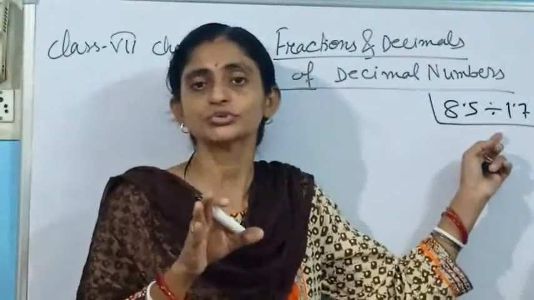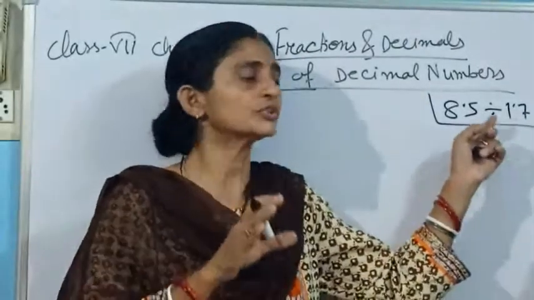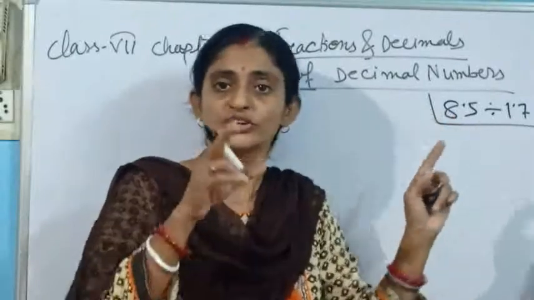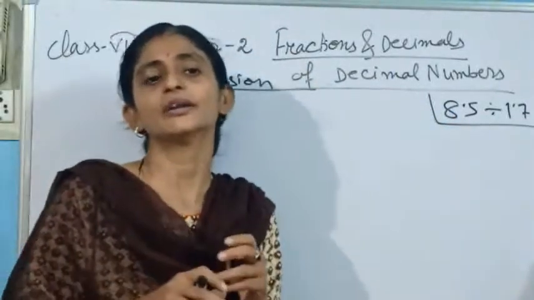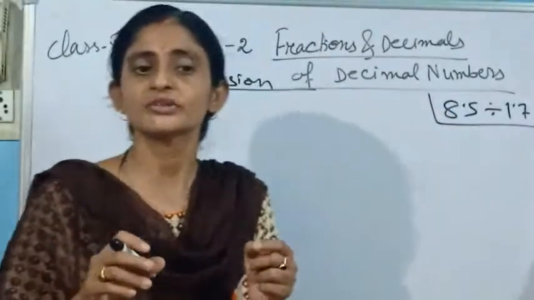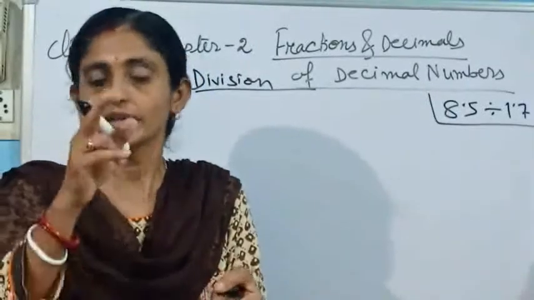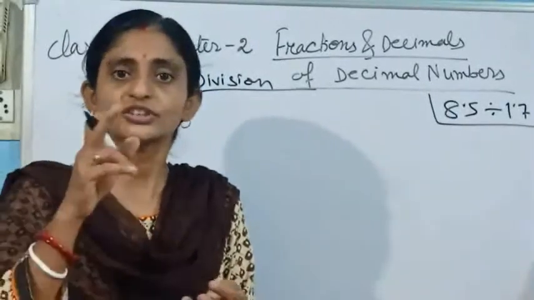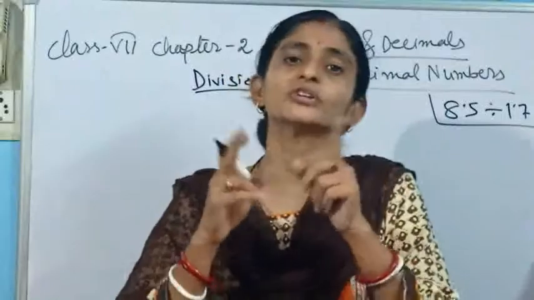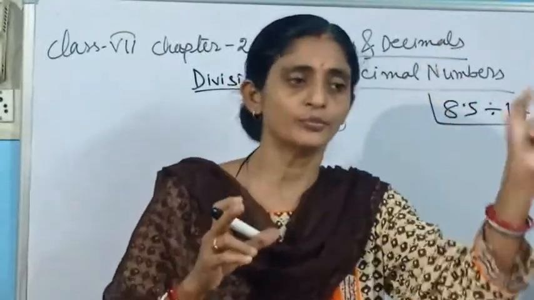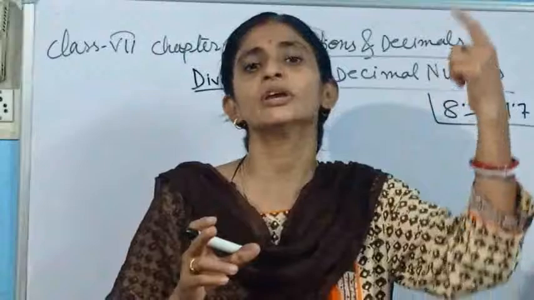Okay, I will come to that, but before coming to the division of two decimal numbers, first we will learn how to divide decimal numbers by 10, by 100, by 1000. You can remember we actually do this when we are converting a smaller unit to a higher unit.